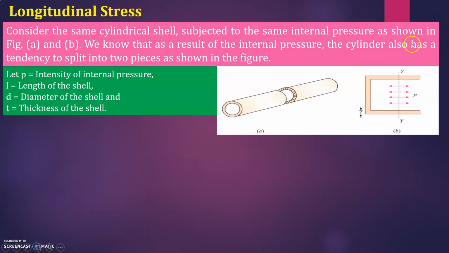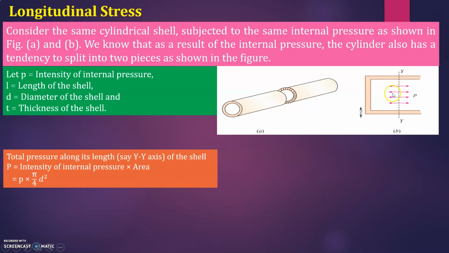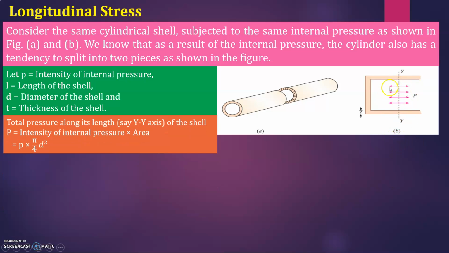Here the stresses are developed along the length of the cylinder. Now we have to calculate the total pressure along the length, the y axis of the shell. Total pressure is equal to intensity of internal pressure, that is P, into area.